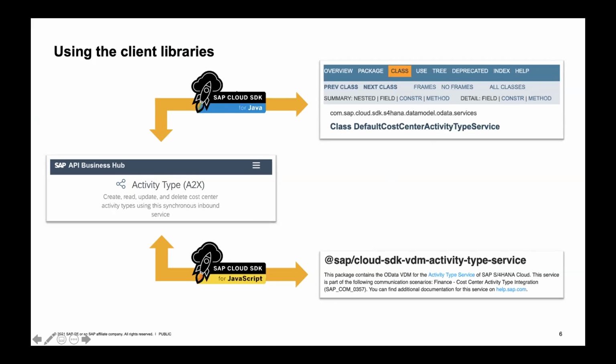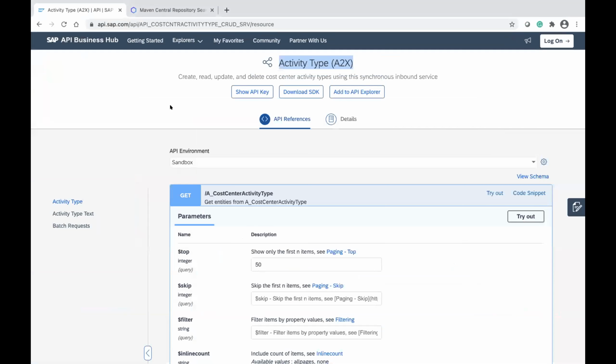So with the help of the Cloud SDK, you can easily start working with this service that you located in the Business Hub and start writing code that works with this service. Now, this is the lucky case where you need to work with SAP S4HANA because, if you remember, let's get back to the title page of the Business Hub.